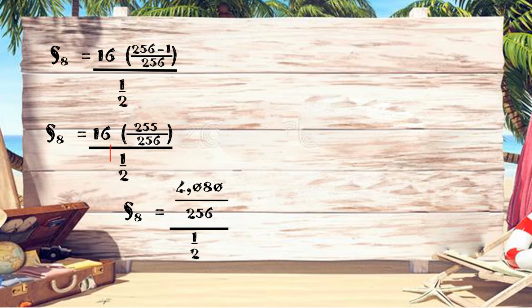And then, what do we have next? So, paano tayo magda-divide ng fraction divided by fraction? We have 4,080 all over 256 times the reciprocal of the denominator. So, sa halip na 1 over 2, we have times 2 over 1. And then 2 and 256 can be divided by 2.